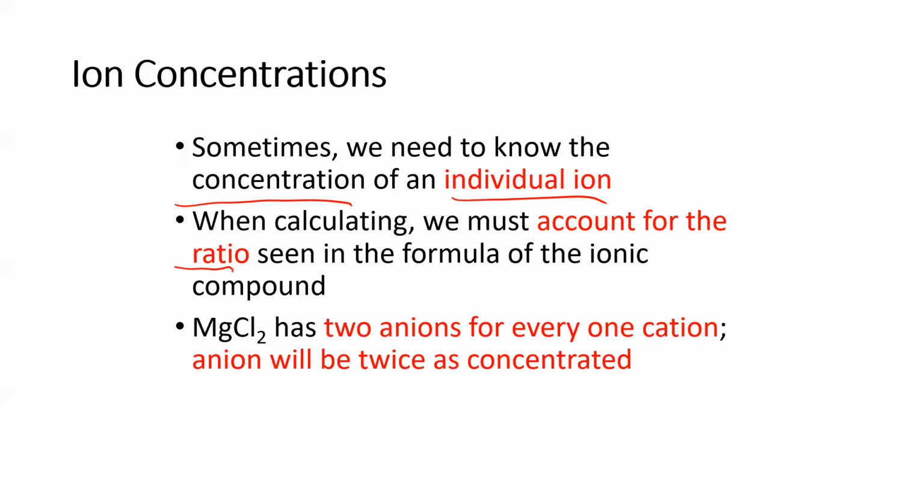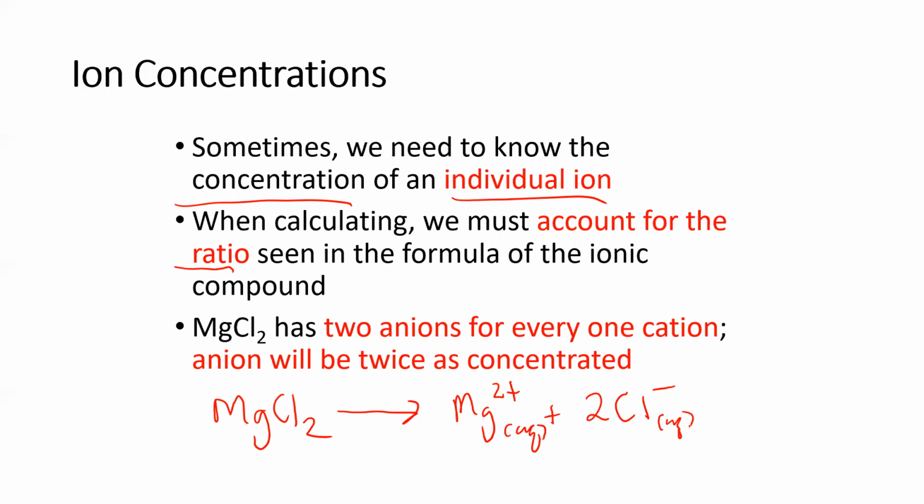So if I had magnesium chloride, and let's say I had a 1 molar solution of this, in actuality, this dissociates and separates into a magnesium ion and 2 chloride ions. And I'll put aqueous just to show that they're in water and they've dissociated.